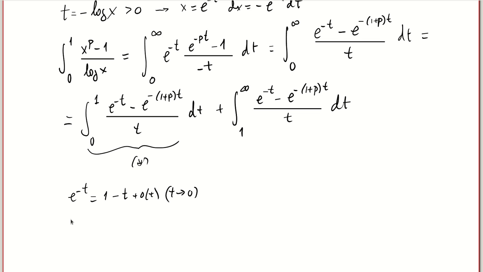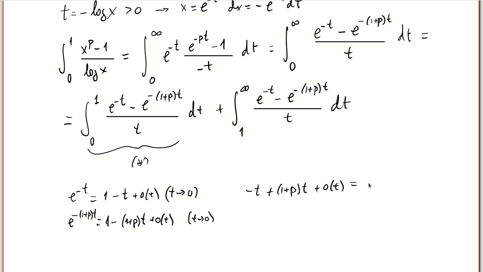And likewise, e to the minus 1 plus p t is equal to 1 minus 1 plus p t plus o(t) when t goes to 0. If we subtract them both, the 1 cancels, and then we have minus t plus 1 plus p t plus o(t), which is just p t plus o(t) when t goes to 0.